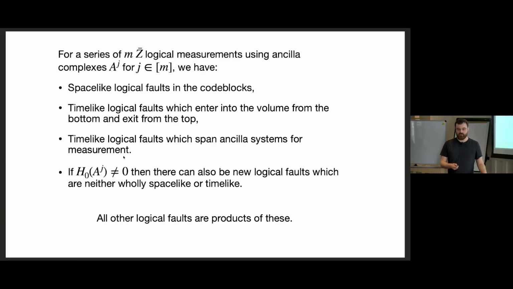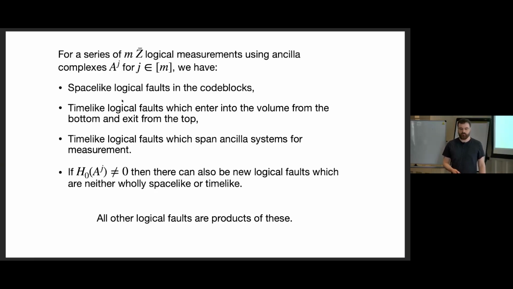So I'm now going to restrict myself to only thinking about doing Z-type logical measurements for pure selfish convenience. And if I have M of these surgery protocols, which I'm doing successively one after the other, each of which could be measuring many things in parallel, but the logical time steps are M of these. Then when I organize my faults, I have more or less what you would expect.